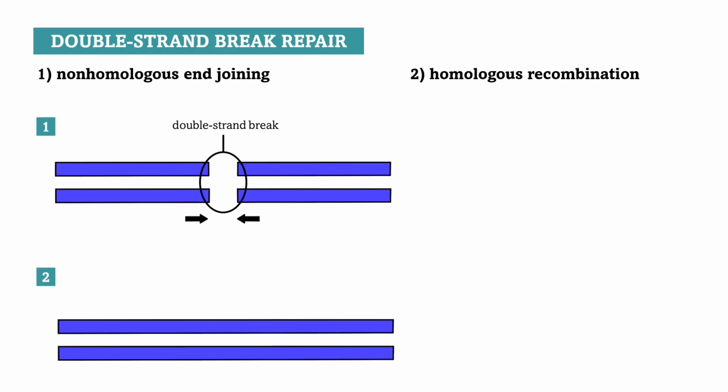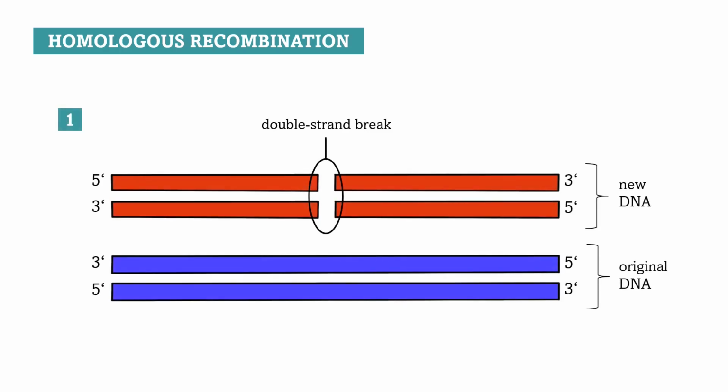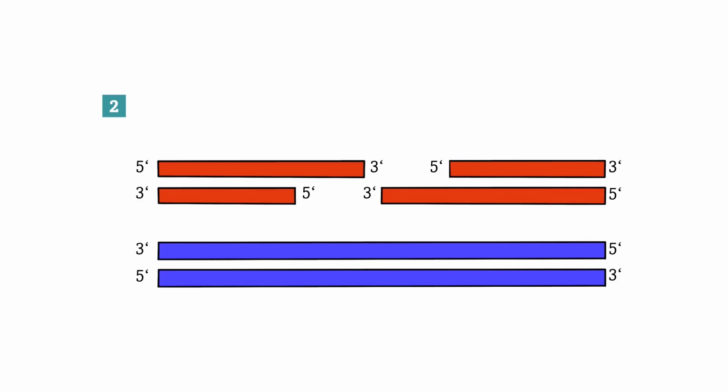The homologous recombination is very precise and can be used after DNA replication when there are two double helixes and one gets damaged. First, a nuclease removes the 5' end of the two broken strands at the break.